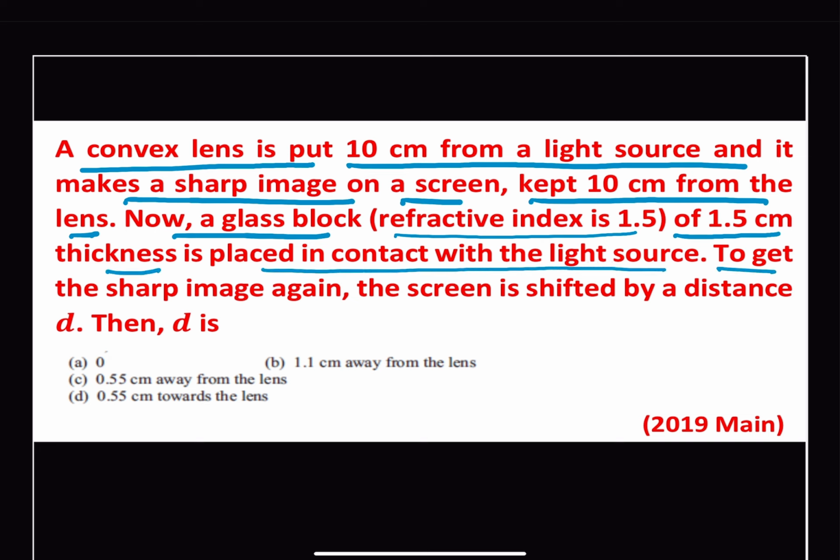To get the sharp image again, the screen is shifted by a distance d. Then this d is? So in this case, we have to find out distance d when the glass block is inserted and the screen is shifted by a distance d.